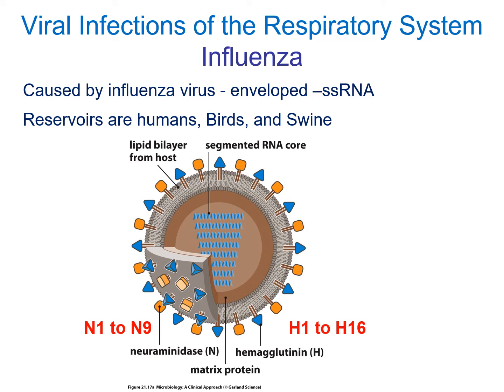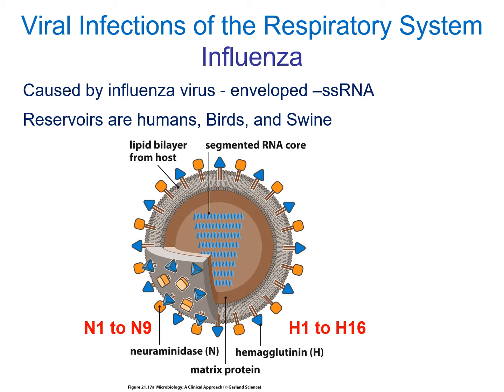So the hemagglutinin, the H proteins, are used by the virus to attach to a host cell and enter the host cell. The neuraminidase group of proteins are proteins that are used to leave the cell.